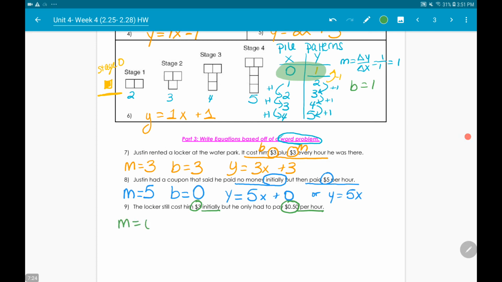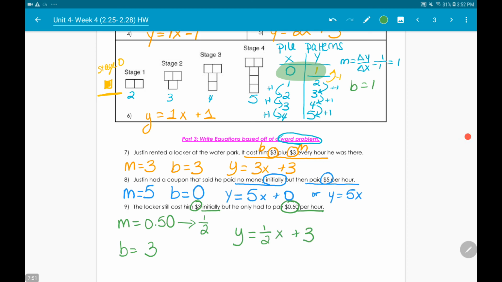That is going to be 50 cents per hour. But since we're graphing, I'm going to take 50 cents and convert that to a fraction. It's half a dollar. And his b, his initial value, was $3. So last equation, y equals 1/2 x plus 3.